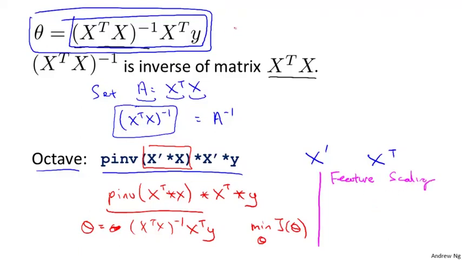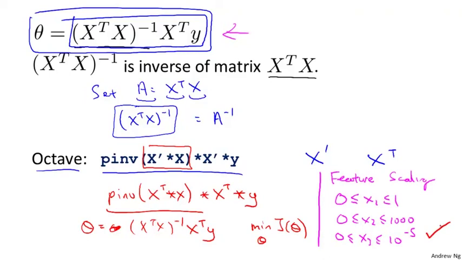If you're using this normal equation method, then feature scaling isn't actually necessary, and it is okay if, say, some feature x1 is between 0 and 1, and some feature x2 ranges from 0 to 1000, and some feature x3 ranges from 0 to 10 to the minus 5. If you're using the normal equation method, this is okay, and there's no need to do feature scaling. Although, of course, if you were using gradient descent, then feature scaling is still important.